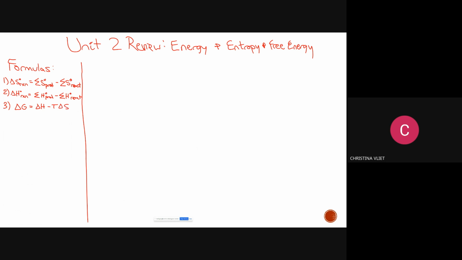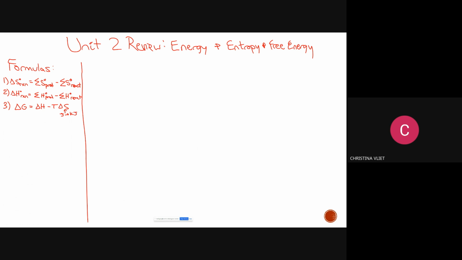Gibbs free energy. What is the one thing you've got to remember about Gibbs free energy? It showed up in the bell work today that you've got to be careful about. Delta G is in kilojoules, but the entropy formula gets it in joules. So joules must be converted to kilojoules.